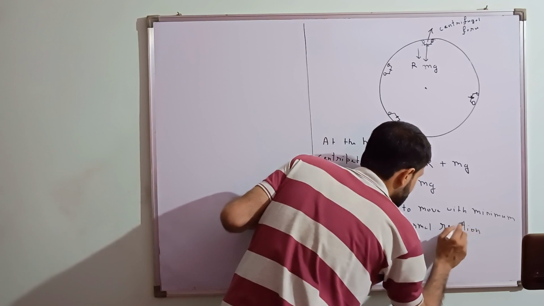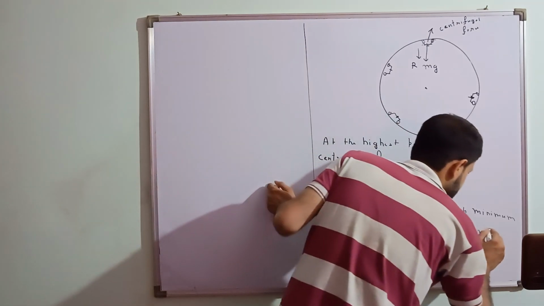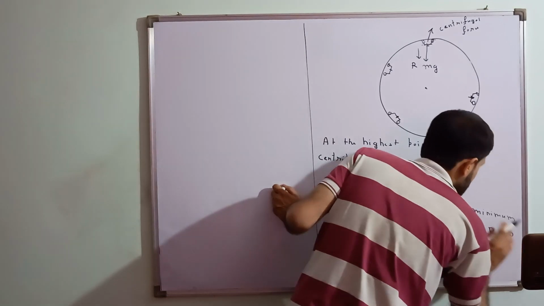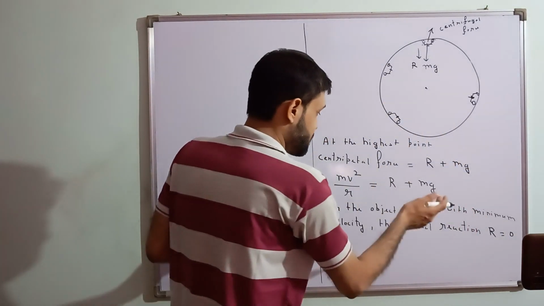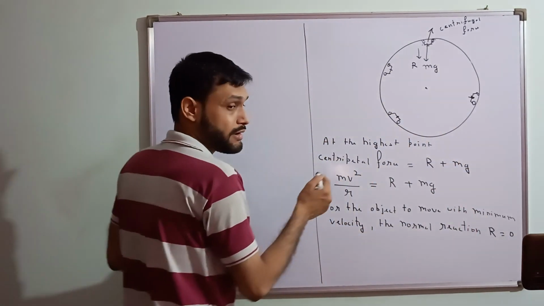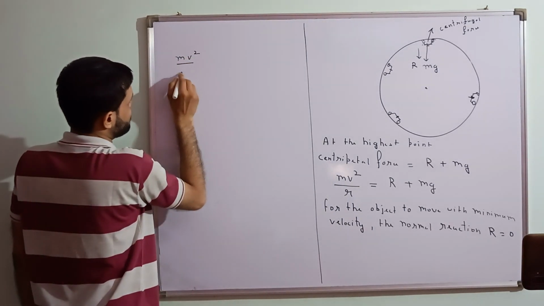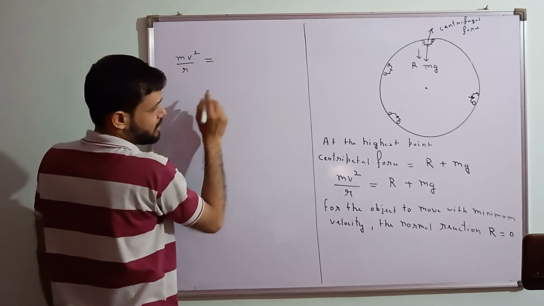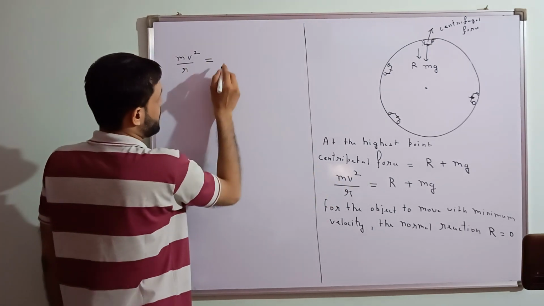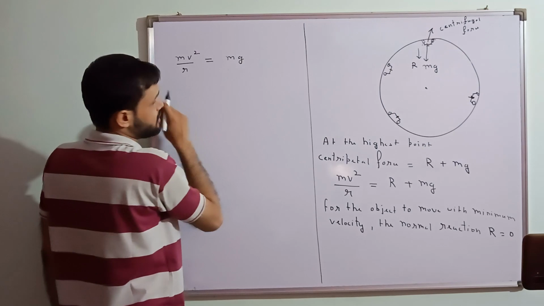Now what is the normal reaction over here? That is R, which should be equal to 0. If this R becomes 0, your equation becomes mv square by R equals, and we are left with just mg, isn't it?